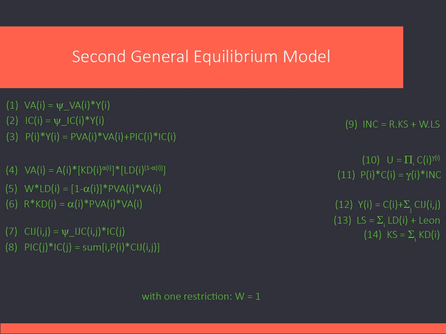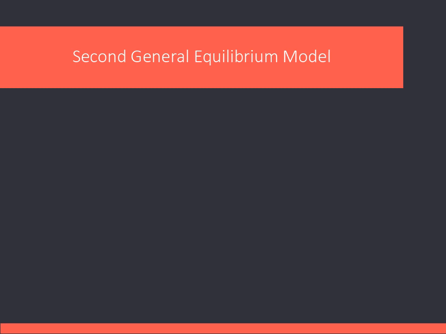So we have 14 generic variables. If we take into account the number of sectors, we have 40 free variables and 40 independent equations. So we have the same number of free variables and independent equations, so we can find a solution to this model. So a few remarks about this second CGE model.